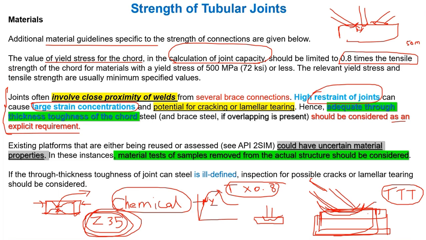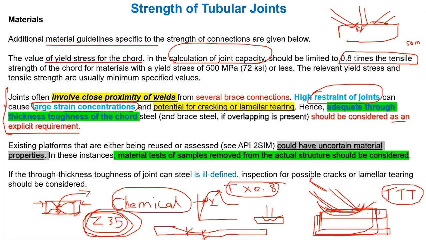Z35 means the cross-sectional area should come down by at least 35%. That much it has to thin. That means it will form a very thin thread kind of thing, right? They call it a neck. Yeah, neck. And it's also called very ductile. If it is brittle, it will not have this kind of malleability.